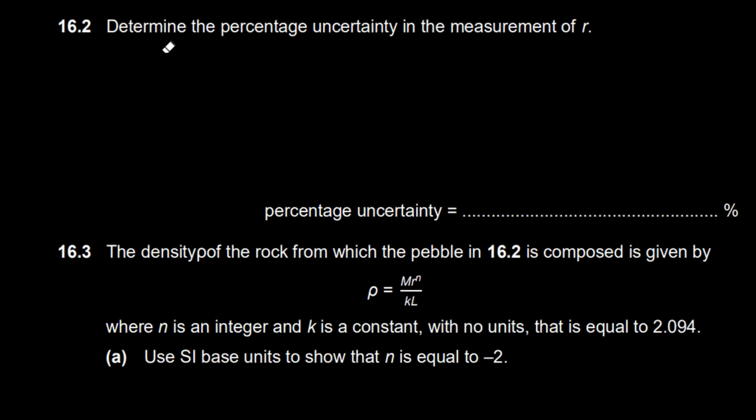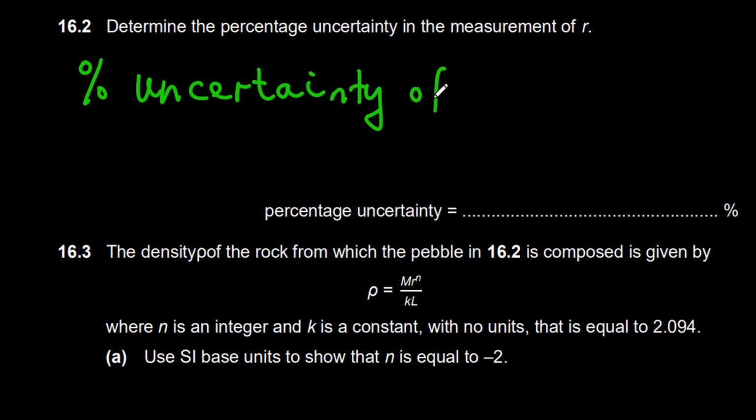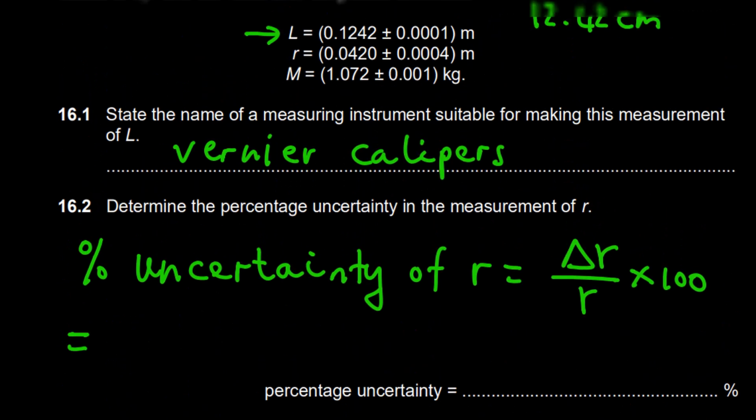Then in 16.2, we have to determine the percentage uncertainty in the measurement of R. So we're going to use this equation. The percentage uncertainty of R will be the absolute uncertainty of R divided by the measured value times 100. And we can get those values.